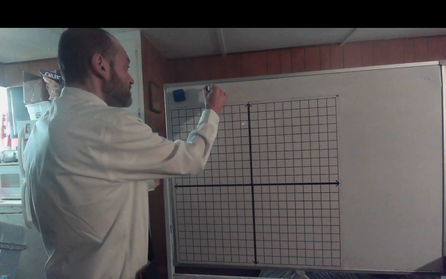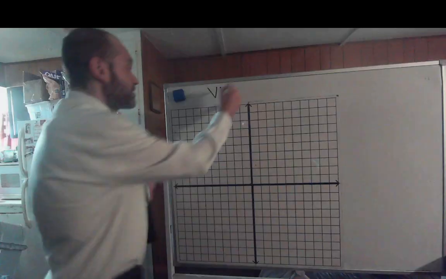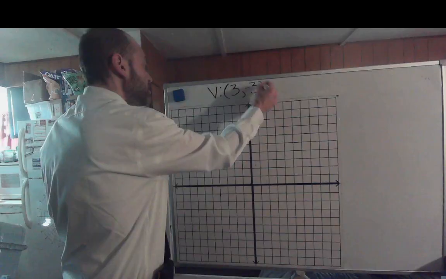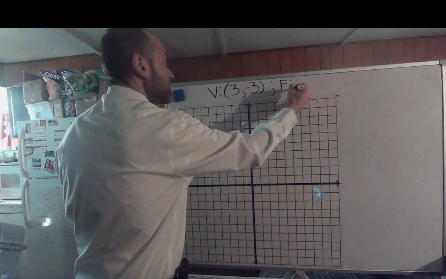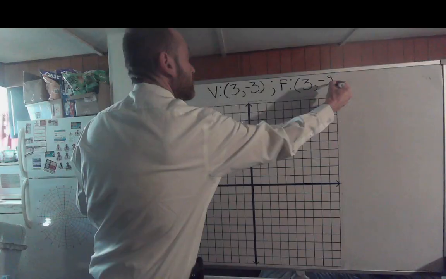We have a vertex at, let's see, 3, -3. Then we have the focus at the point 3, -9/4.